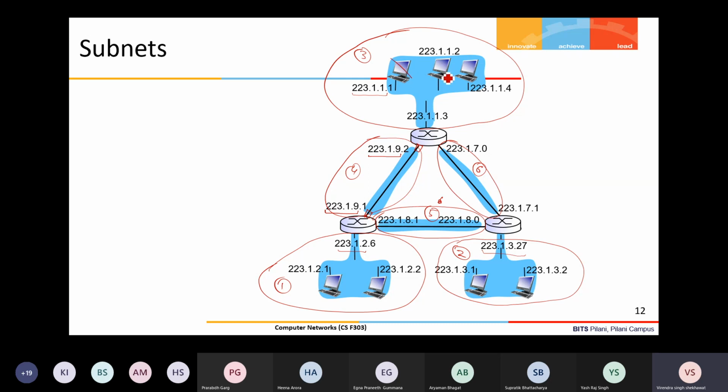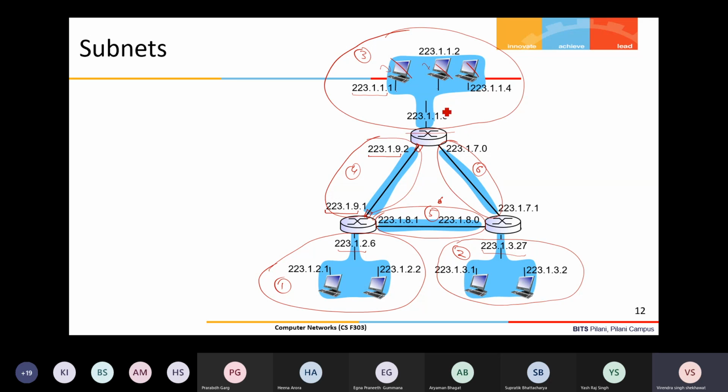If you remove this device, and this router also, then you have 1, 2, 3, 4 interfaces, and these 4 interfaces are forming one subnetwork, right? Once I attach the devices to these interfaces, I will be able to run the applications, and then these devices will start communicating.